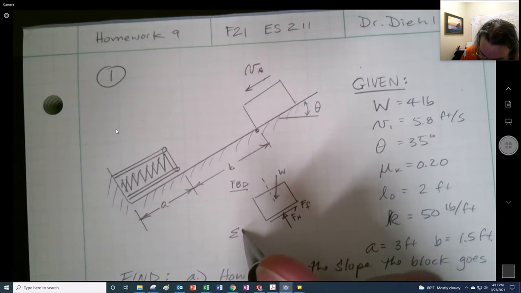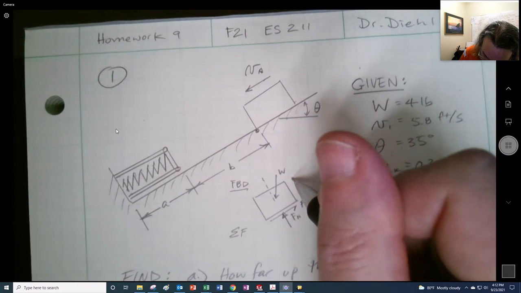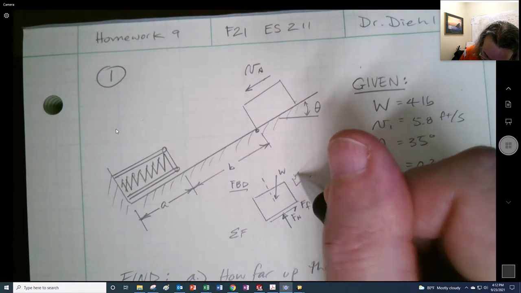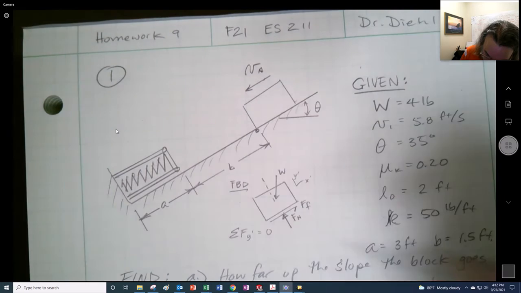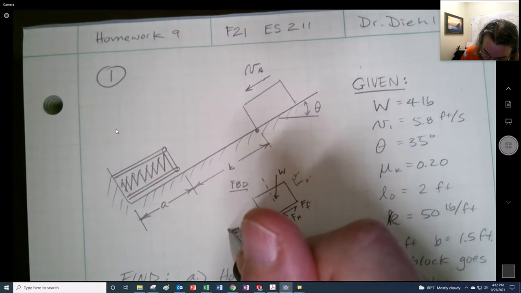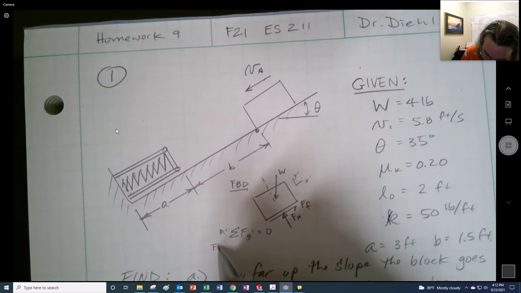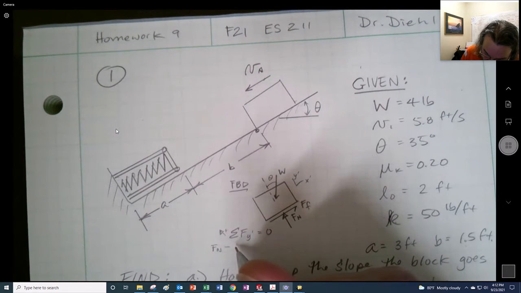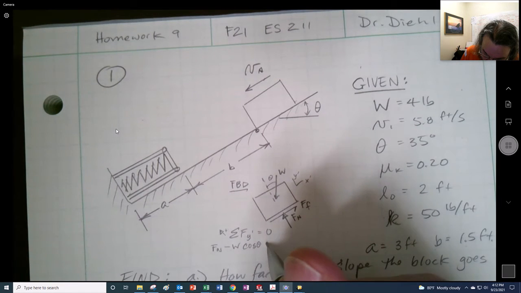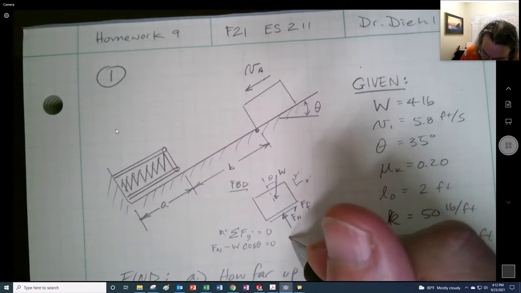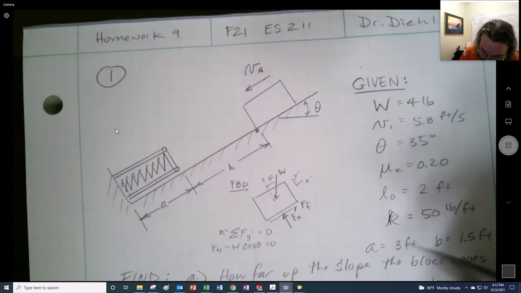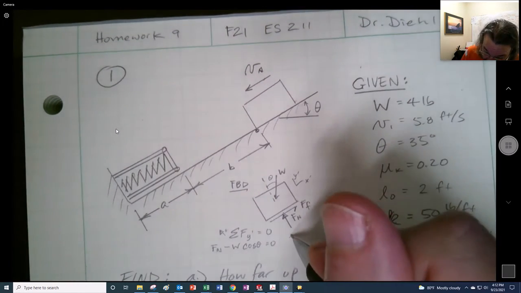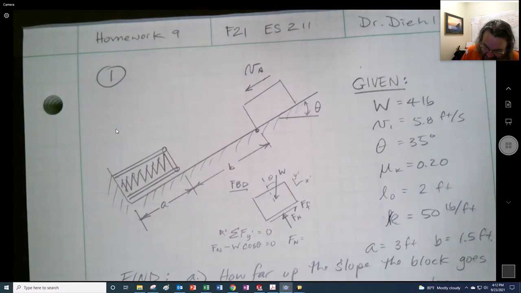All right, the sum of the forces, and I guess this is the x prime and y prime. The sum of the forces in the y prime direction equals 0. And we'll go that direction is positive. And just Fn minus the weight times the cosine of theta equals 0, and this is our theta right there. So we can write, this is terrible, I'm trying to squeeze too much in here, but I've already written out all this stuff right here.